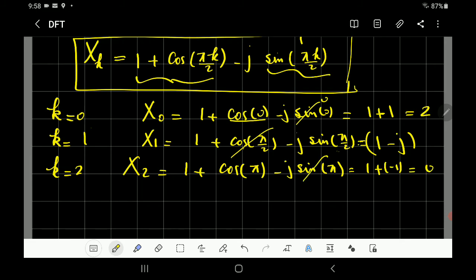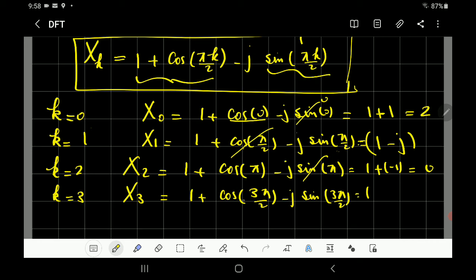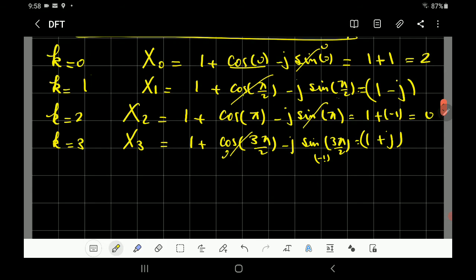So the result is 0. The last value, k equal 3: x3 is equal to 1 plus cosine 3 pi over 2 minus j sine 3 pi over 2. Cosine 3 pi over 2 is equal to 0, and sine 3 pi over 2 is equal to minus 1, times minus j, gives plus j.